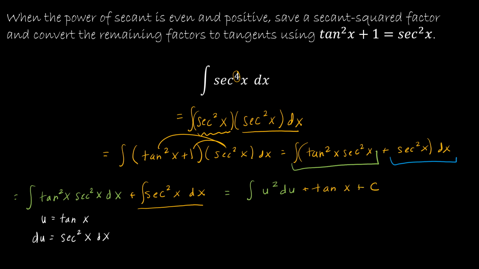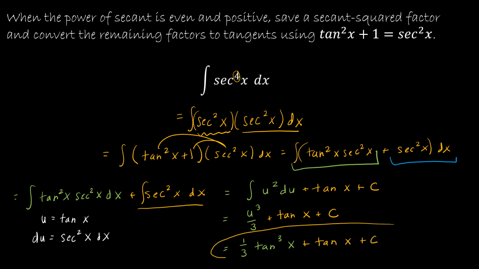So that just leaves me with the u sub and integrating u to the second power, which of course will give me u cubed over 3. And I still have tangent of x and c. And then I'm just going to replace u with tangent. So this is 1/3 tangent cubed x plus tangent of x plus c is my final solution.